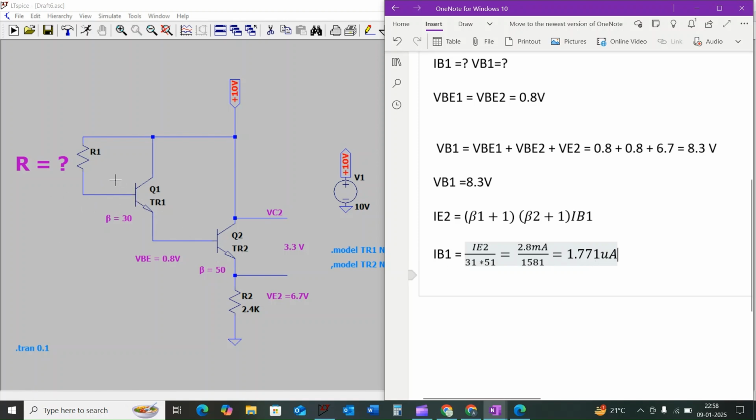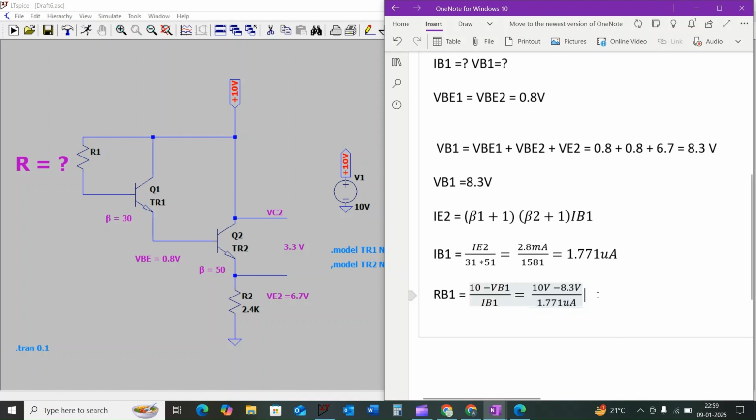Now we can easily find the resistance across the base terminal of Q1. The base resistance of Q1, which is RB1, can be given as 10 volt minus VB1 divided by IB1, which is equal to 10 volt minus 8.3 volt divided by 1.771 microamps.